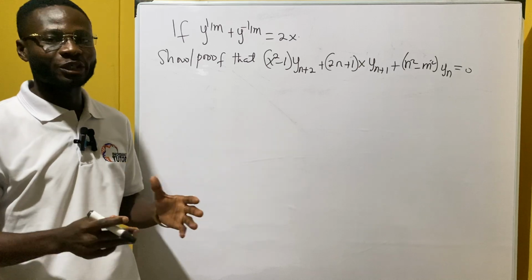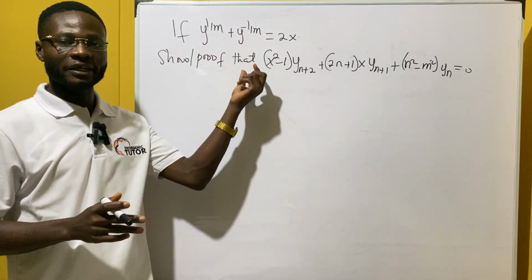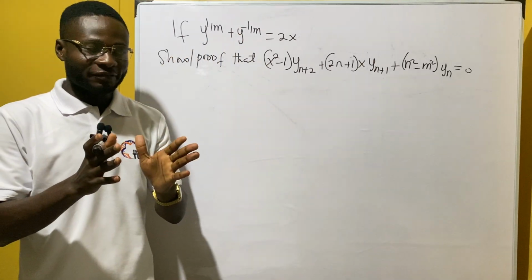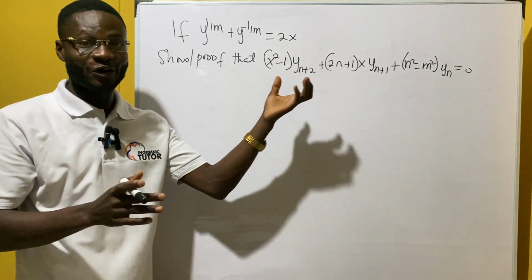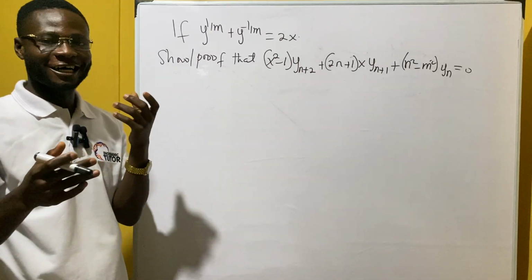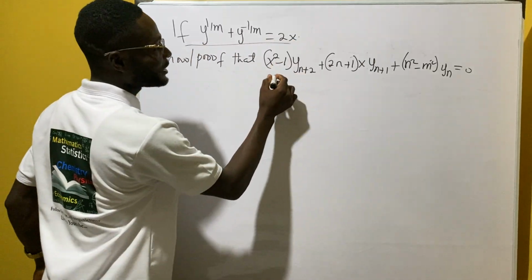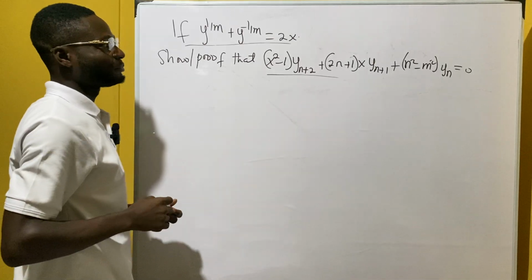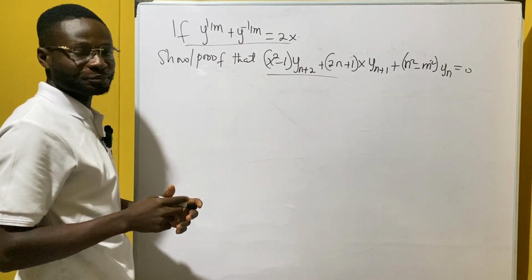So what we are going to do is either use this to prove that, or use that to prove this. To be on the safer side, I think we should tackle this to prove this. What do you think? Well, let's go. Let's take this to prove this. So we are taking this indices to prove this right here.